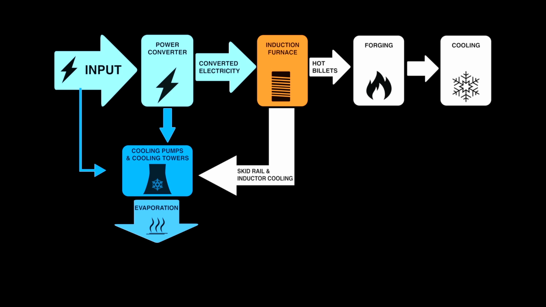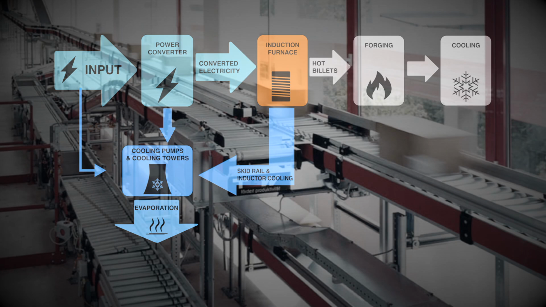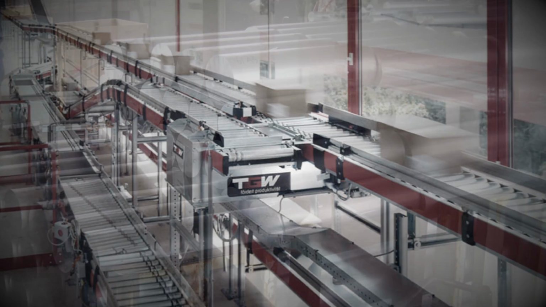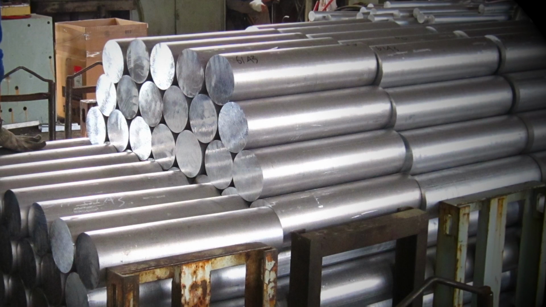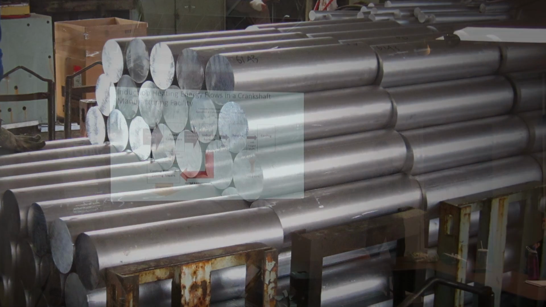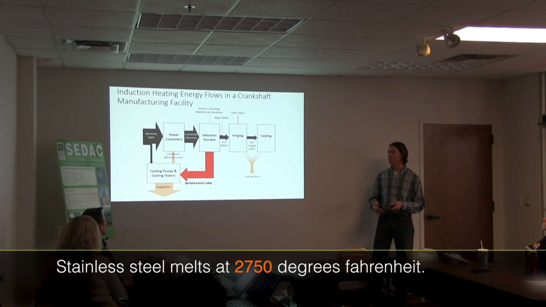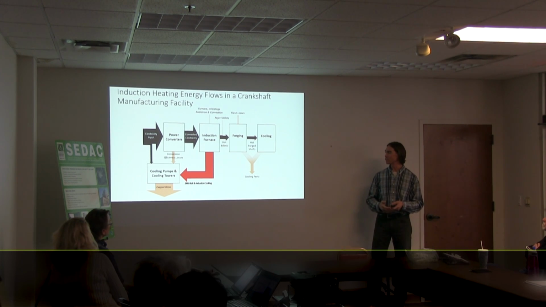So there's constant cooling water going through these copper conductors. The other thing is you've got this thing called a skid rail. It's a stainless steel pipe, and these metal billets slide across the skid rail. Well, stainless steel at those temperatures is going to melt and deform and lose its mechanical properties. So they're constantly cooling that too.